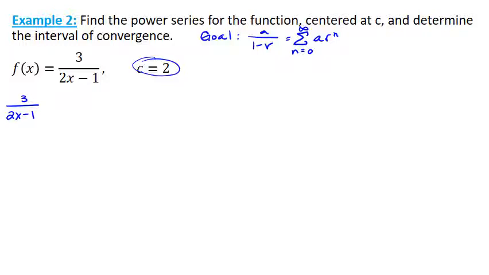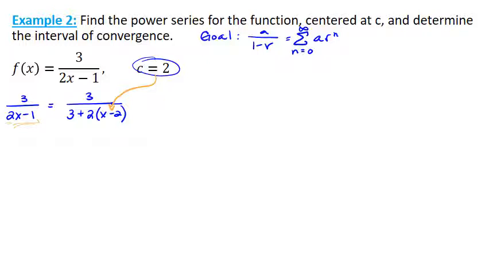Okay, and this is where things will get a little tricky algebraically. Now I'm going to manipulate this and write this as the following: 3 over 3 plus 2 times x minus 2. And here's why. This achieves a couple things. First, it gives us our center. Second, if I distribute this 2 here, I get 2x minus 4 plus 3, and that's the same thing as this here.